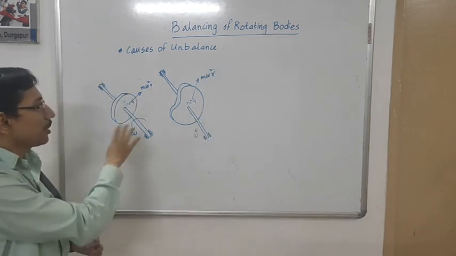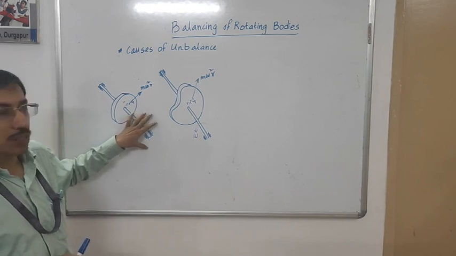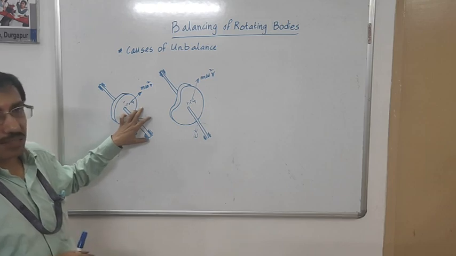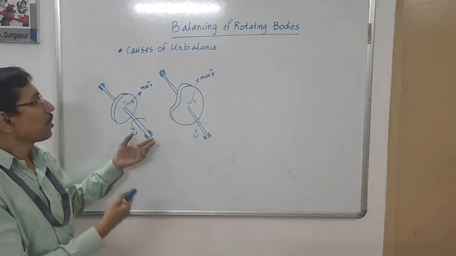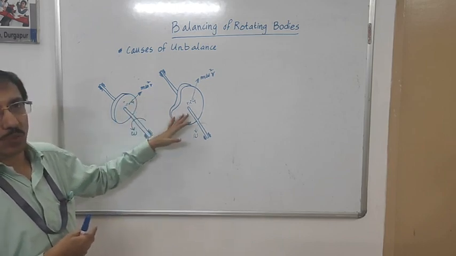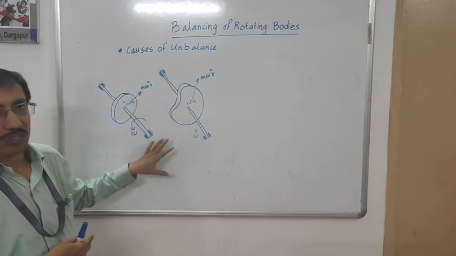So what we observe in these two cases is that either by the assembly error or by design itself, the center of gravity lies away from the axis of rotation, and that would develop the unbalanced force, that is m omega square r, in these rotating bodies.